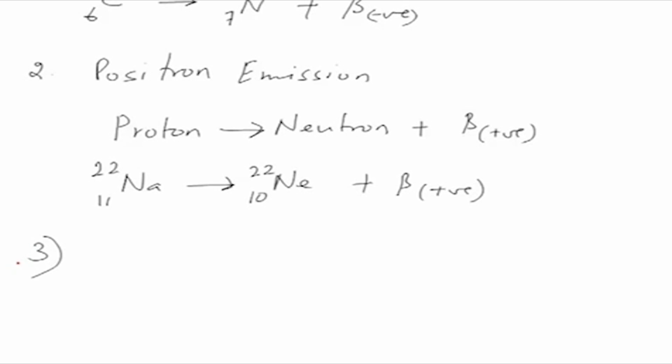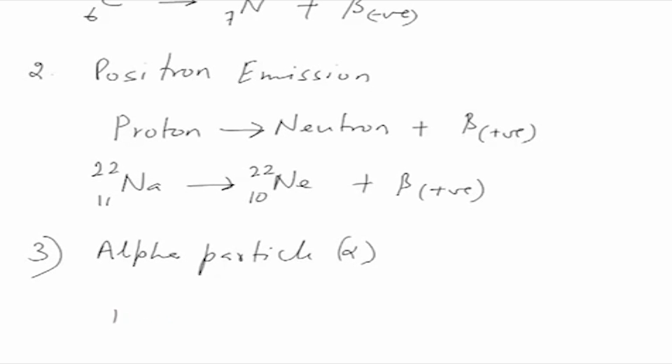Then the third one is decay by alpha particle emission. An alpha particle carries a particular weight. It is a helium nucleus with a double positive charge, so it is not as light as a beta particle. Here you change the atomic number by 2 and the mass number by 4.